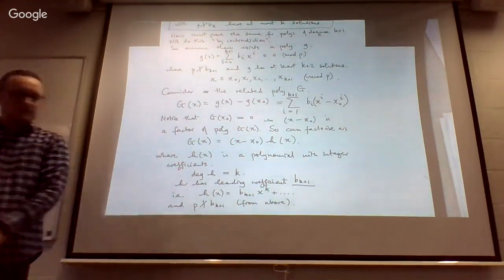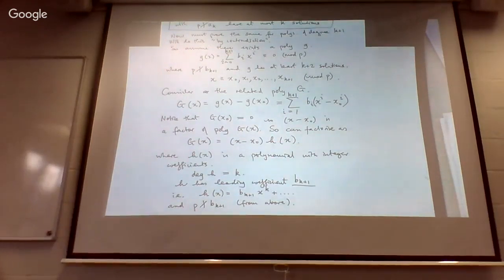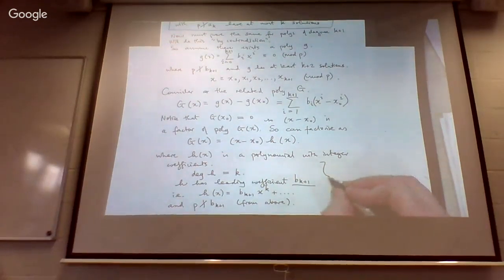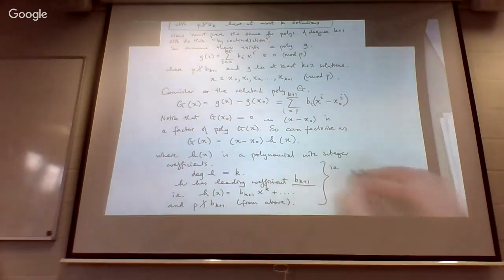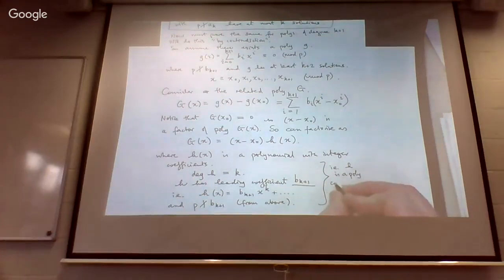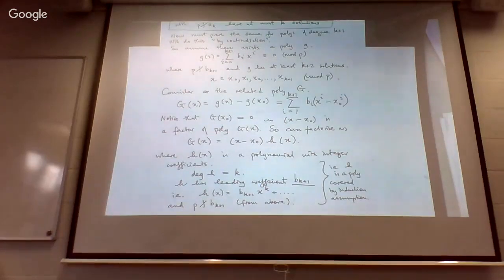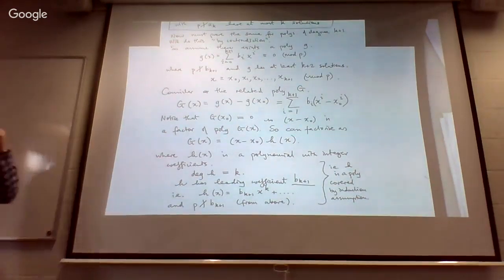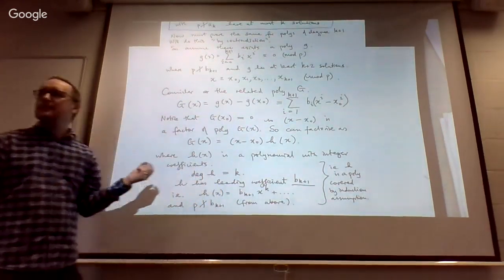So what we've done here is show that h is a polynomial covered by the induction assumption. So the induction assumption would say that this has at most k solutions.